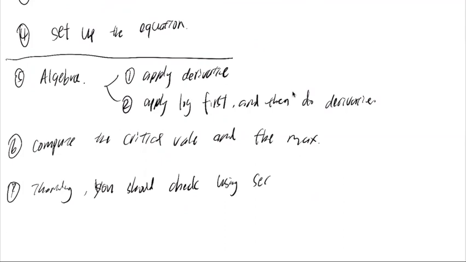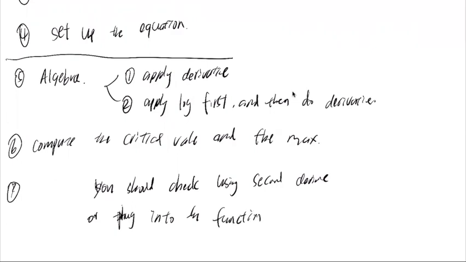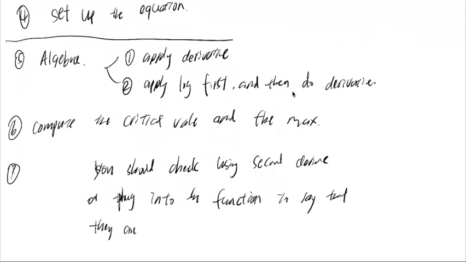Theoretically, you should check using the second derivative, or plug it into the function to show that it is actually the maximum of the function. So that's the review for maximum likelihood.